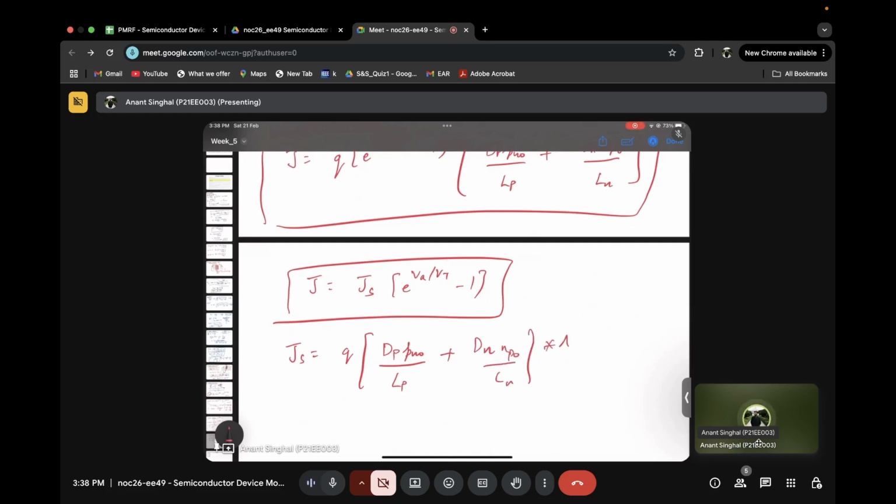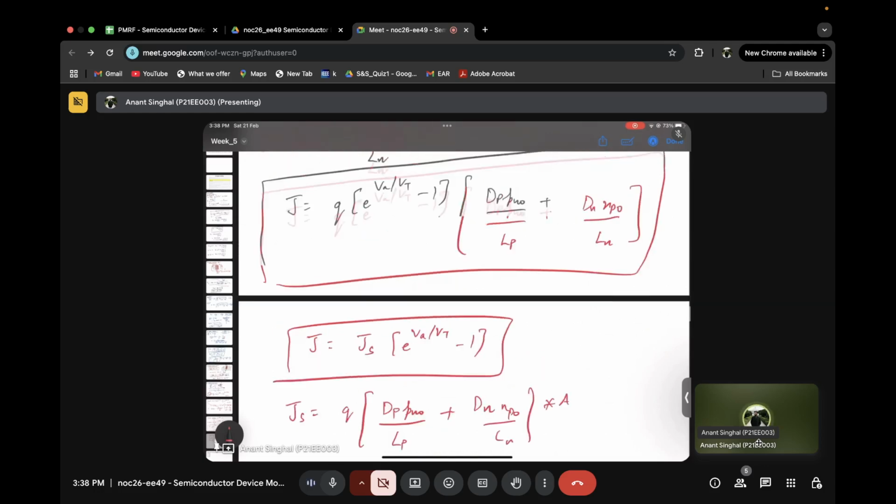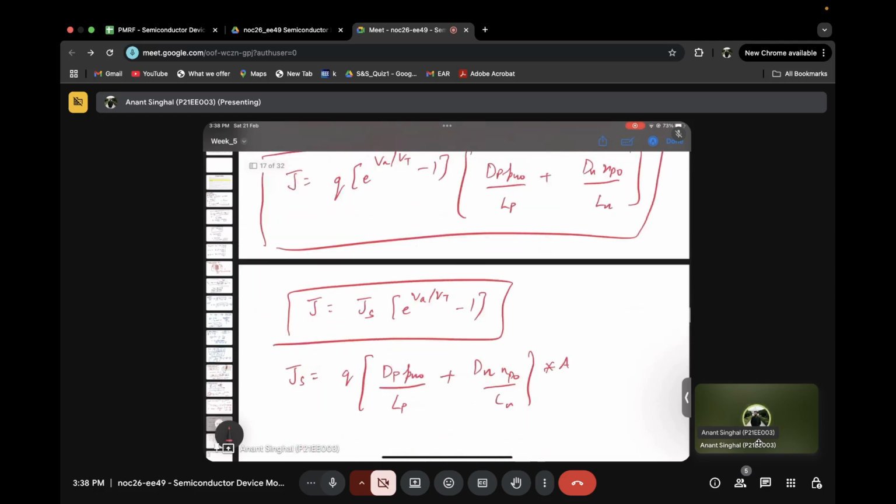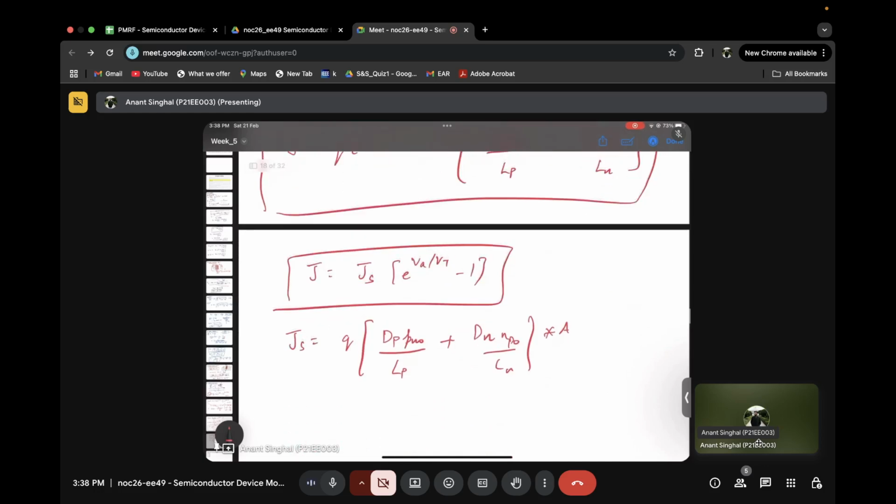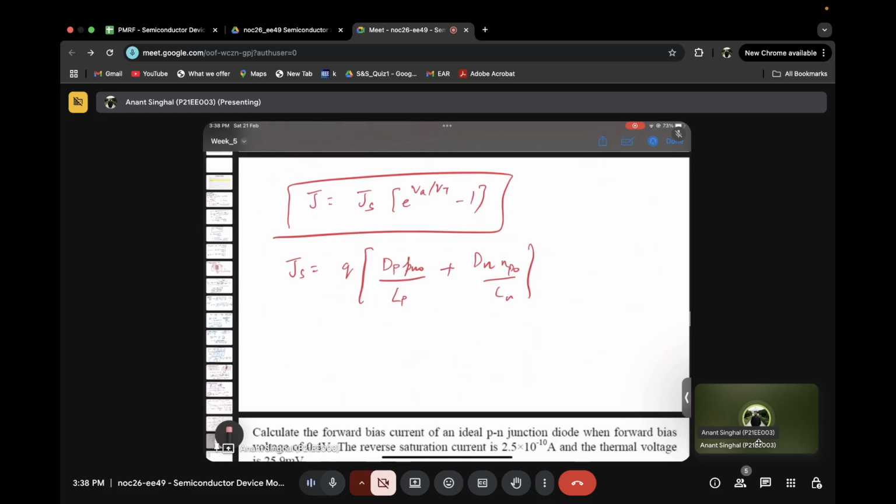Sorry, not the area. Whatever we are discussing was the current density; area will come in the current part. So we also write this as I equals Is, exponential of Va over Vt minus 1. So this is the equation that you study in books. This is the ideal PN junction current equation.